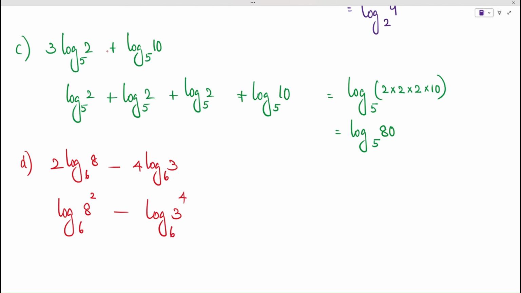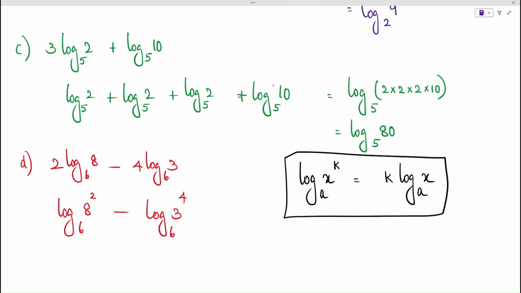And this is what we call the power law. So the power law is log of x to the power of k with a base of a is equal to k times log of x to the base a.